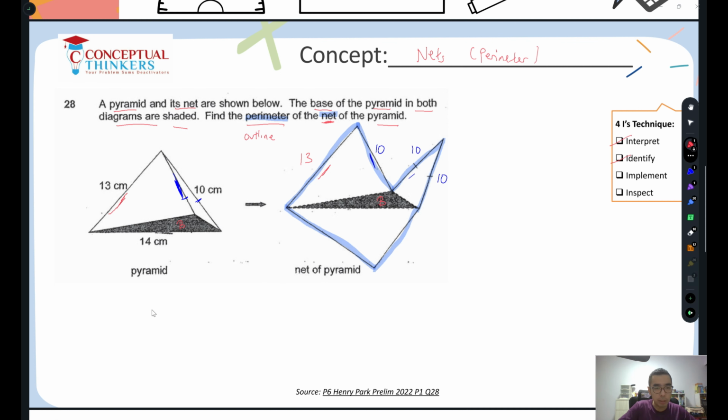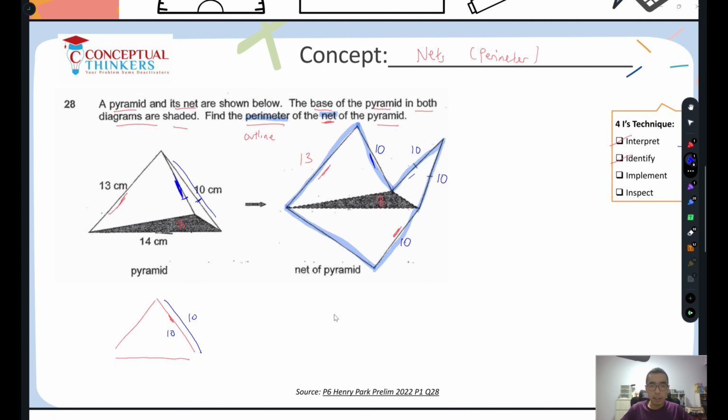So this triangle here is linked with this line here. So this 10 cm here is actually here. So when you open it up, this red color line will be this line. So if this is 10 cm, this red color line will also be 10 cm.